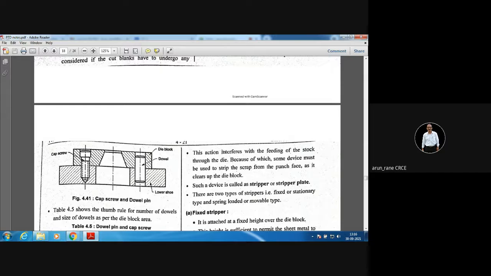But what about fixing this plate to this plate? Because dowel will not fix the plate, it will just align. And obviously, the number of dowel pins required will be two, because if you use one dowel pin, it will not get aligned, since the top plate can rotate. So in order to prevent that rotation, you need two dowel pins placed diagonally to each other.